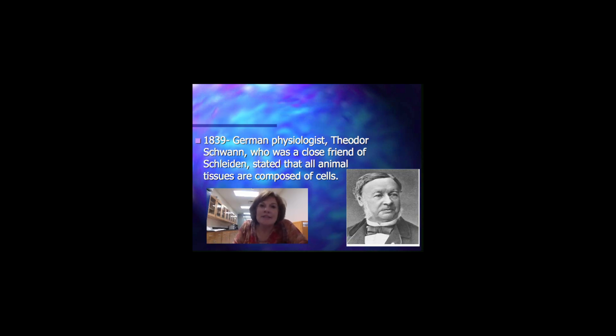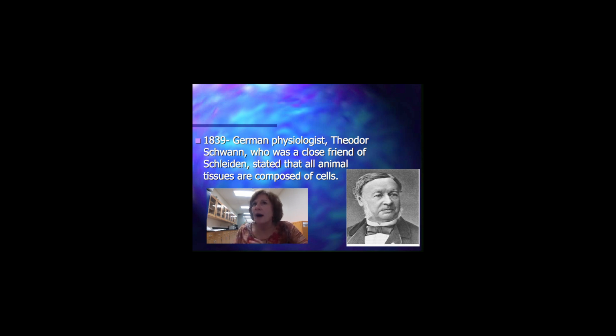Now, one of Schleiden's friends was named Theodor Schwann, and he studied animal tissue like muscles and skin and how things moved in the body. So he was a physiologist, and he started looking at these muscles.